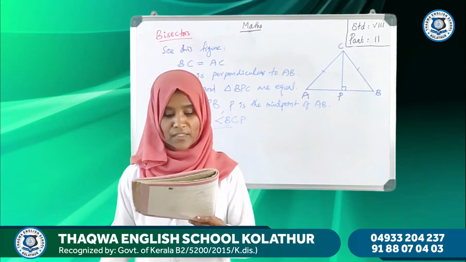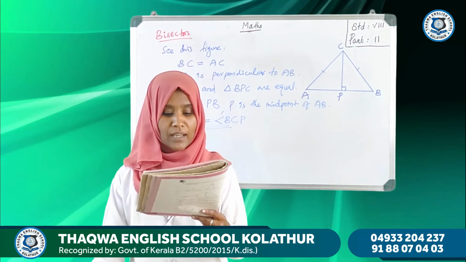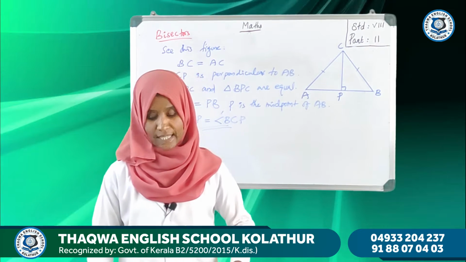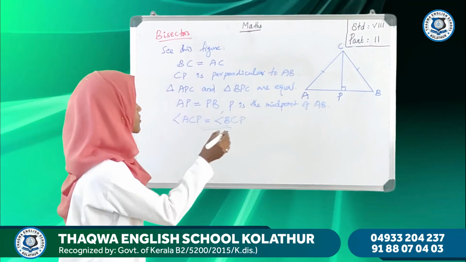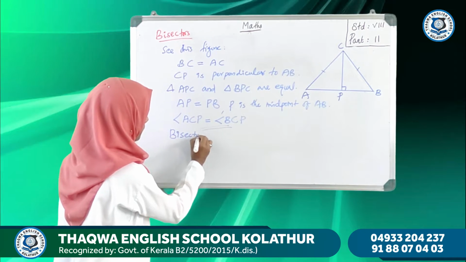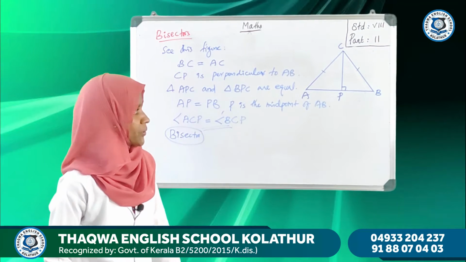Next, a line dividing a line or an angle into two equal parts is called a bisector. So the next point, bisector. Note the word bisector.